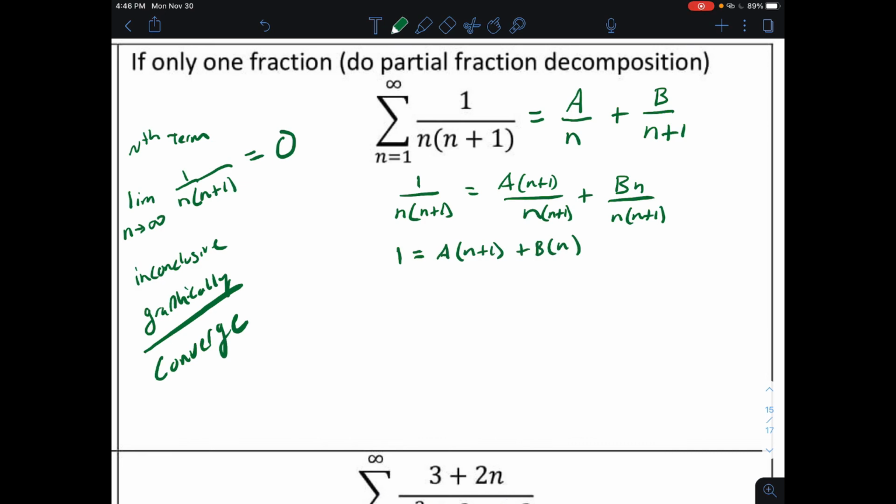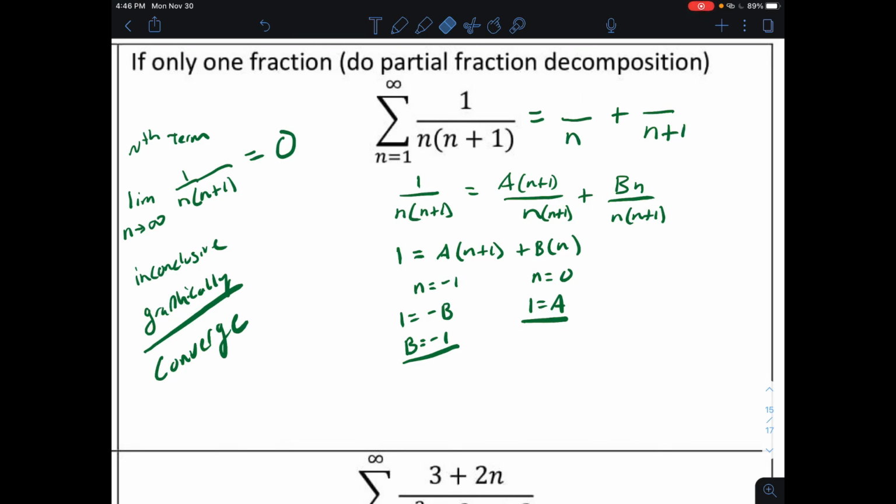Our method to solve this is called the cover-up method. So we're going to pick values of n that will zero out a term. If I let n equal -1, that's going to give me 1 is equal to -1 times b, so b is equal to -1. And then if I use n equal to 0, that's going to give me a equal to 1. So what we have determined is the values of a and b.